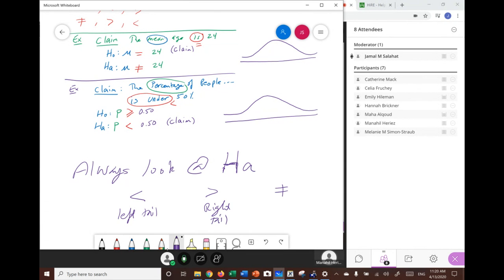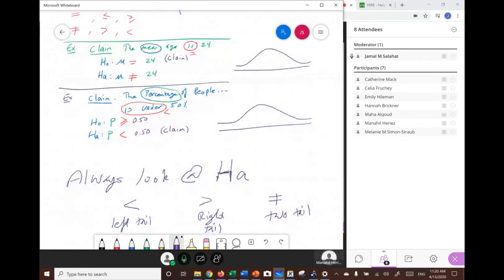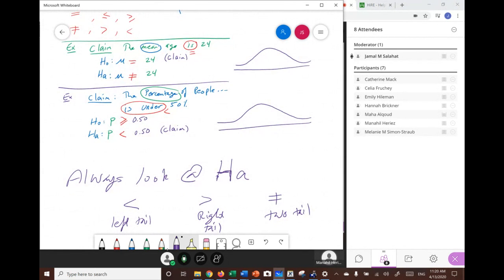If it's not equal, we call that two tail. So let's look at the problems that we already discussed. Look at HA in the first problem here. We call this a two-tail problem.